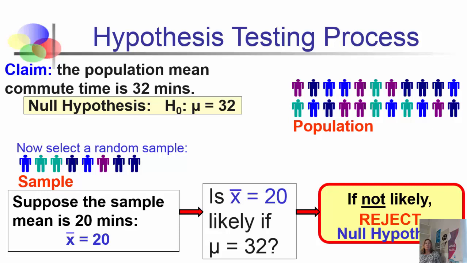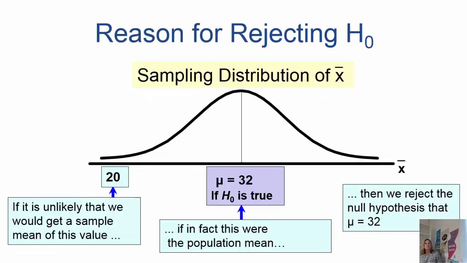After defining the population, we then randomly select a sample and compute sample statistics. Suppose that the sample mean x bar is 20. With hypothesis testing, we are considering whether a sample mean of 20 is likely given a population mean of 32. In this case, we will determine that it is unlikely and reject H0. It is more likely that the population mean is closer to the sample mean of 20.